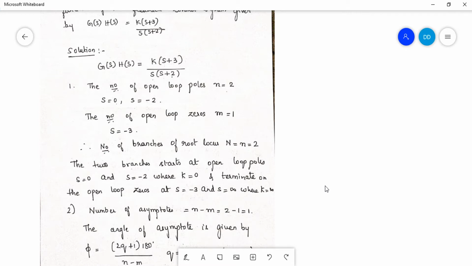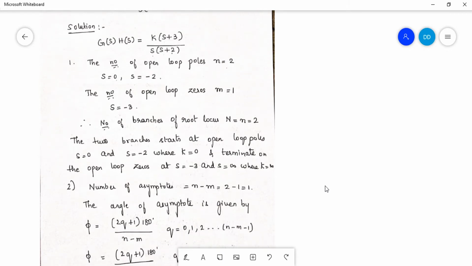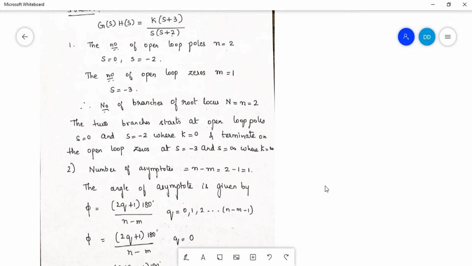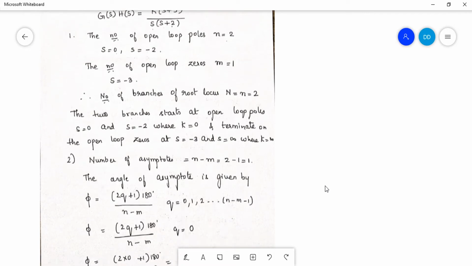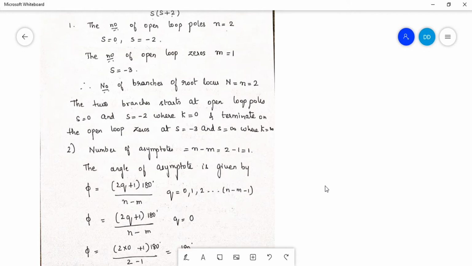The angle of the asymptotes is obtained by the formula (2q + 1) x 180 degrees / (n - m), where q takes the values 0, 1, 2 up to n - m - 1. Here n - m - 1 is 2 - 1 - 1, which is 0. So we have only one asymptotic angle, for q = 0.